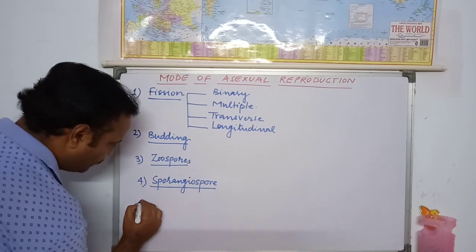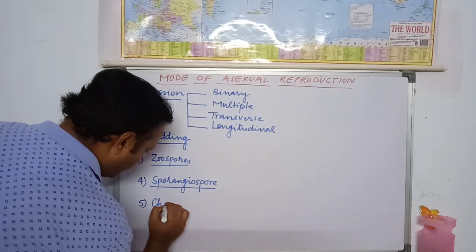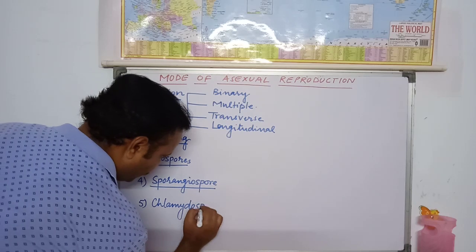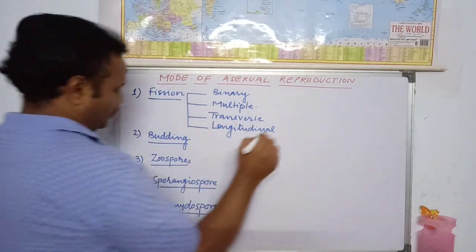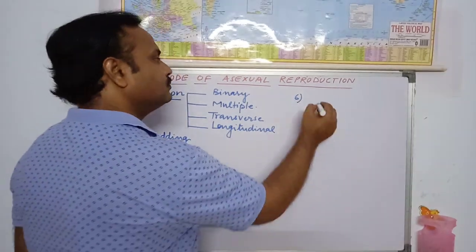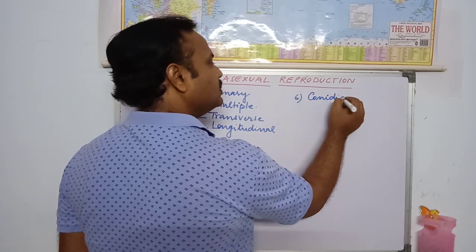Fifth is chlamydospore. Sixth is conidia formation.